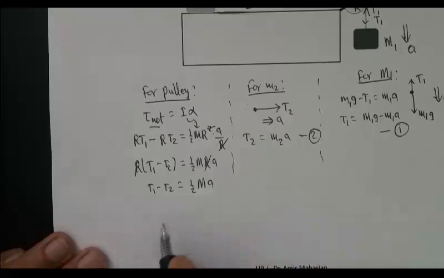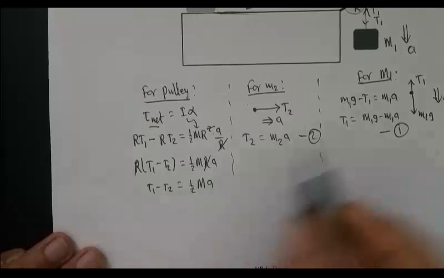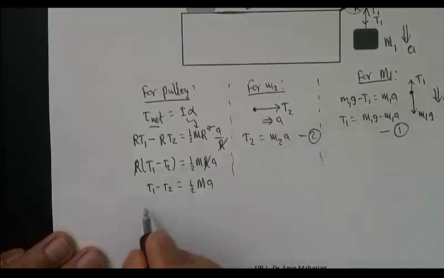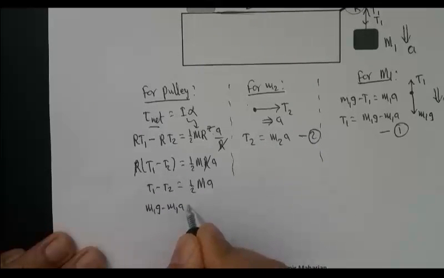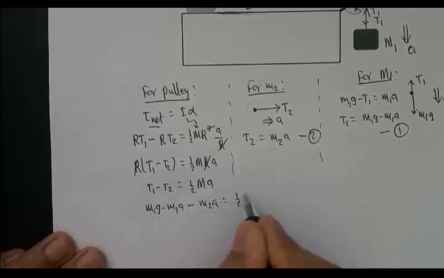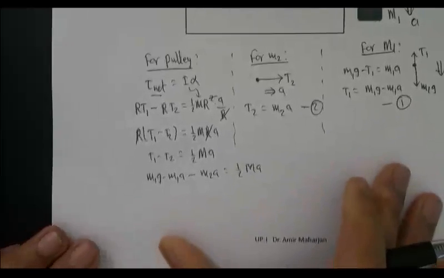And then you have to eliminate tensions T1 and T2 using equations number 1 and 2. So let's put T1 as M1g minus M1a, minus T2 which is M2a, equal to 1/2 M, the mass of the disk.